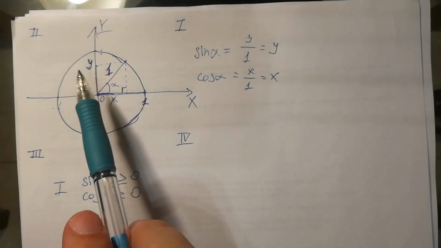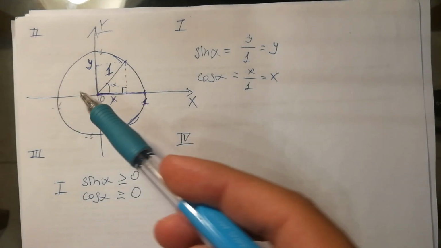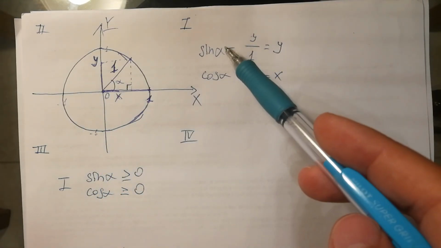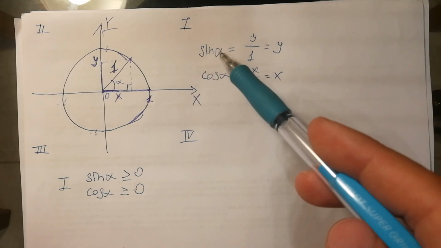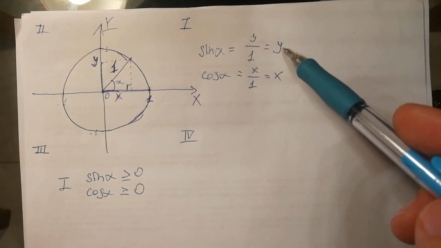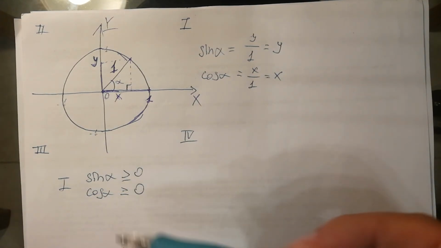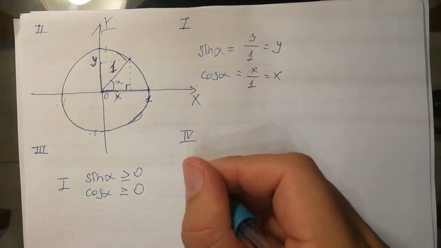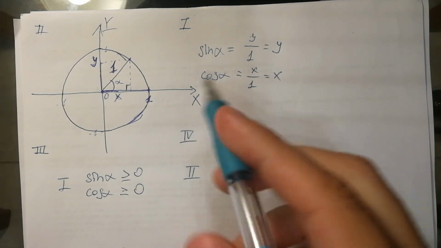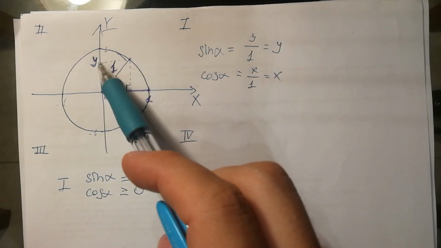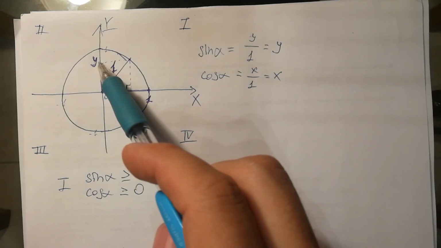What will be in the second quarter? Okay, in the second quarter the situation is the same. Sinus alpha will be y, cosinus alpha will be x, but in the second quarter y will be positive.